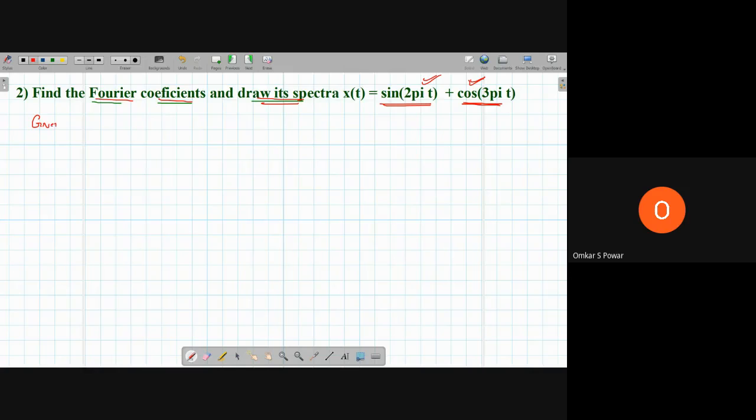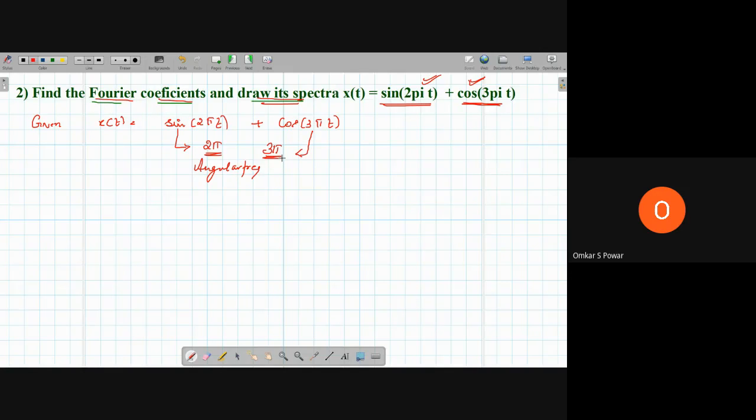We have the given signal x of t is equal to sin 2 pi t plus cos 3 pi t. If you observe, the first signal has an angular frequency of 2 pi, and the second signal has an angular frequency of 3 pi.